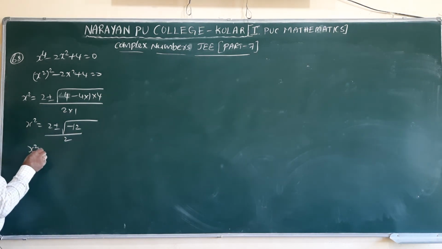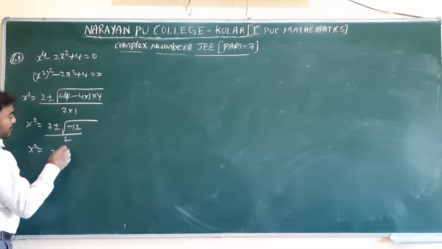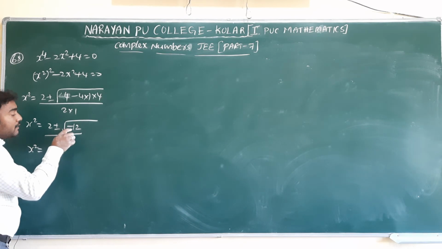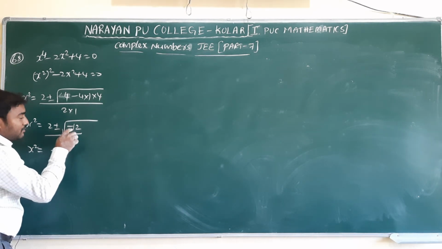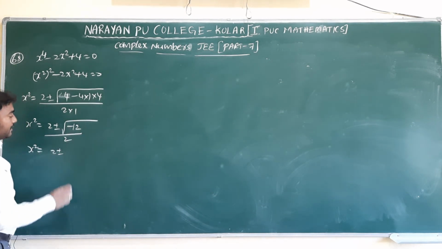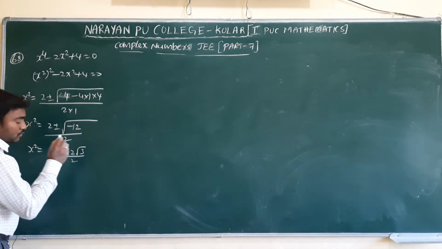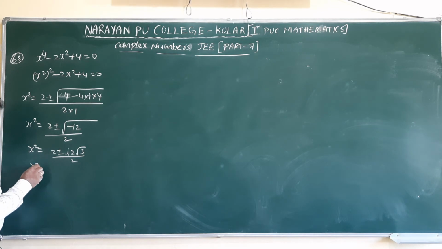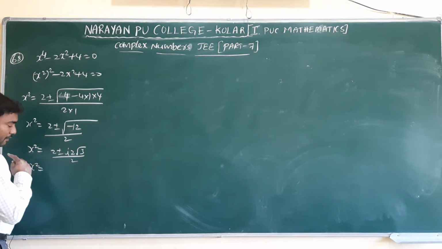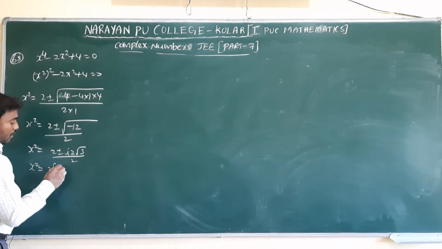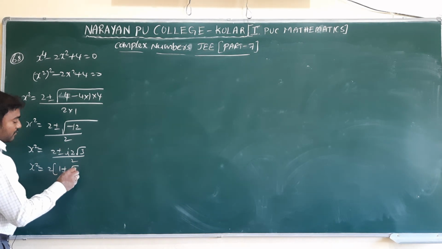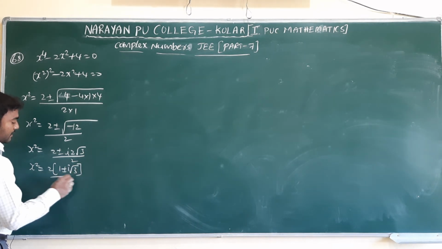X square is equal to 2 plus or minus, it can be written as square root of minus 1 into square root of 4 into 3. What do we get here? i 2 root 3 by 2. Now x square is equal to, taking 2 outside, 2 into 1 plus or minus i root 3 divided by 2.